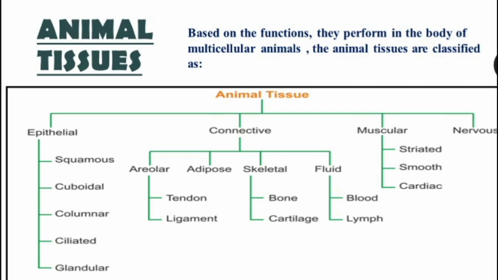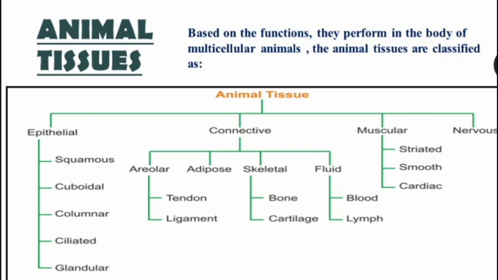Animal tissues. Based on the functions they perform in the body of multicellular animals, the animal tissues are classified into four main categories. The first one, epithelial tissue. Second one, connective tissue. Third one, muscular tissue. Fourth one, nervous tissue.